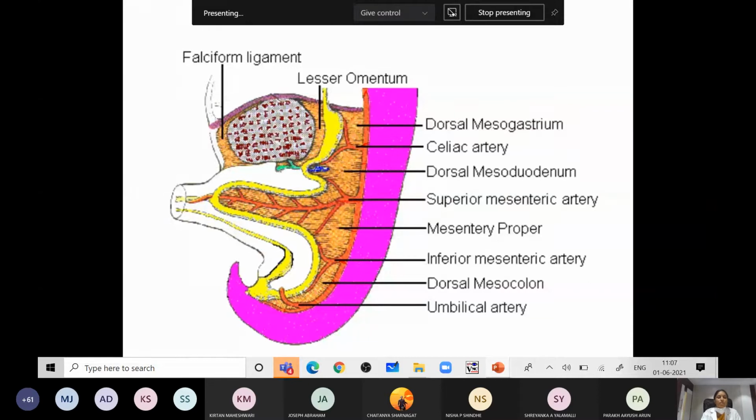Clear? This is the basic thing which you have to remember. You should not forget this. Celiac artery, superior mesenteric artery and inferior mesenteric artery. So foregut, midgut and hindgut blood supply. Clear? Then if you remember the main arteries, you can remember the further branches of these arteries.